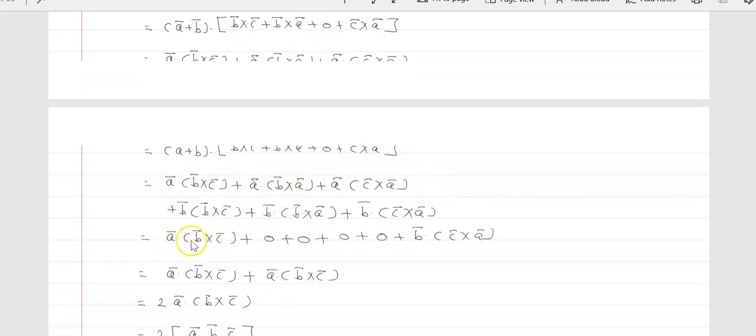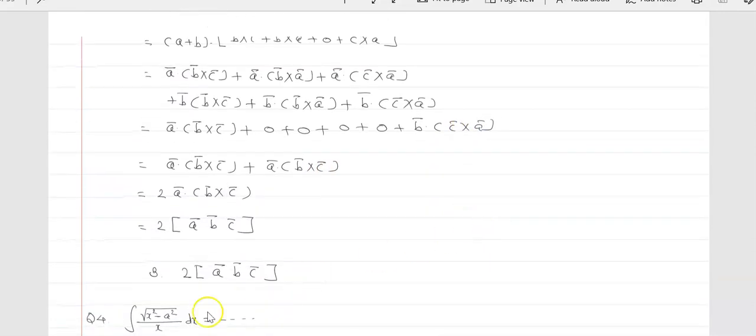Therefore here only the remaining terms are A bar dot in bracket B bar cross C bar plus B bar dot in bracket C bar cross A bar. If you add these two, then you will get 2 times A bar, B bar, and C bar. Now the next is, option 3 is the correct one.